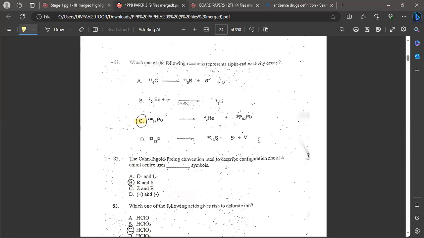Yeah. Okay, and then the Cahn-Ingold-Prelog convention used to describe configuration about a chiral center uses: R and S, D and L, Z and E, plus and minus. Is it the Z and E? Could it be the Z and E? I don't know.